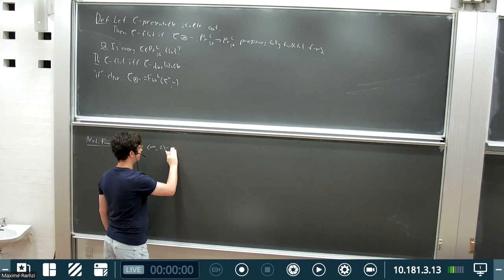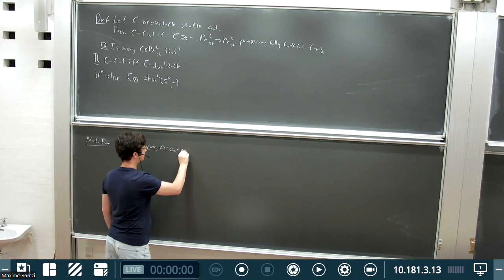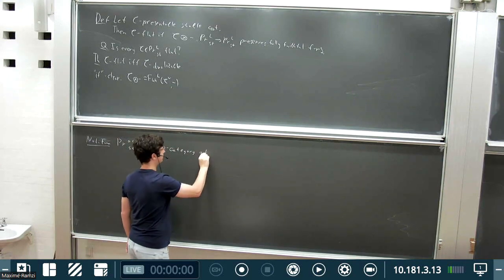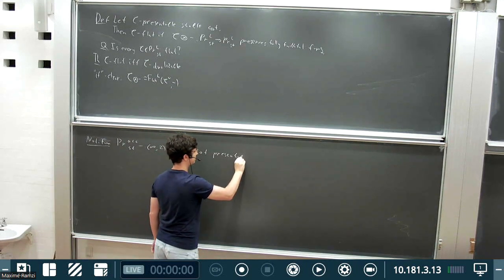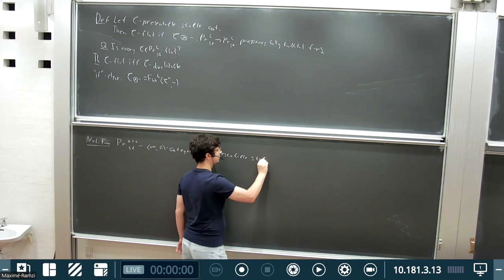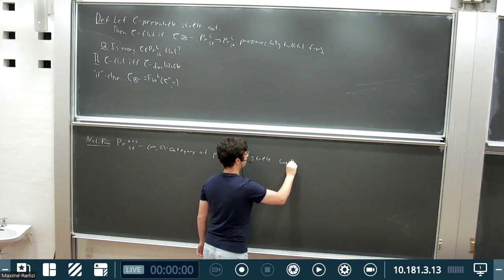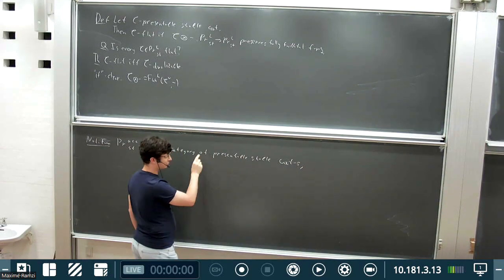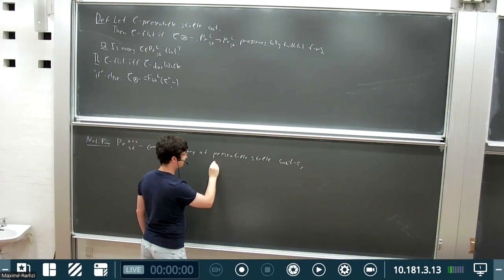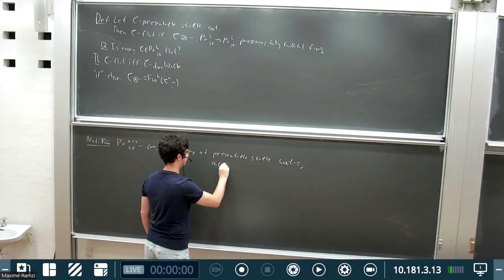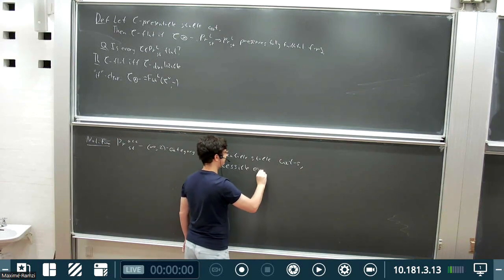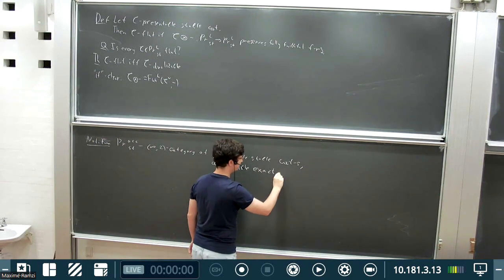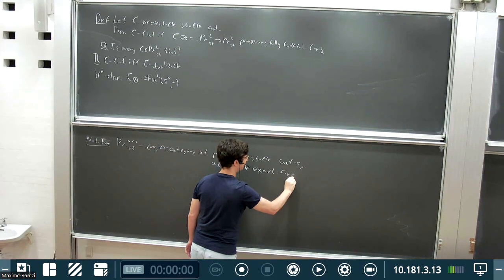So this is the infinity two category of presentable stable categories and accessible exact functors.